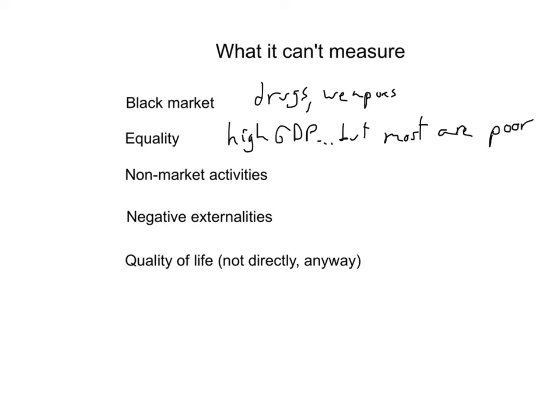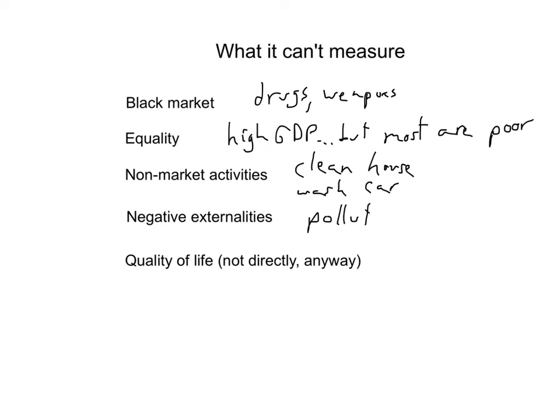Okay, GDP also doesn't count non-market activities, which are basically things you do for yourself. Like you could have paid somebody to do it, like clean your house, wash your car. You could have paid somebody, but instead you did it on your own, not for free. There is an opportunity cost, but that doesn't get counted in GDP, even though technically it is a good or service. It also doesn't count negative externalities such as pollution.